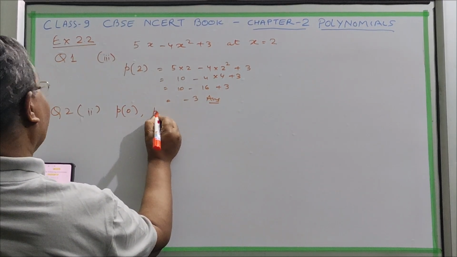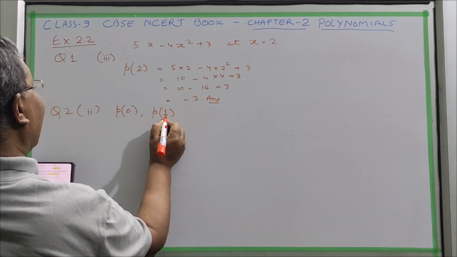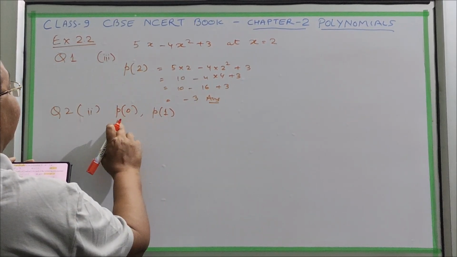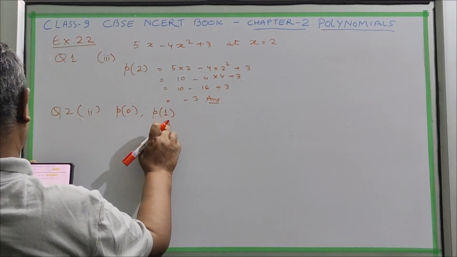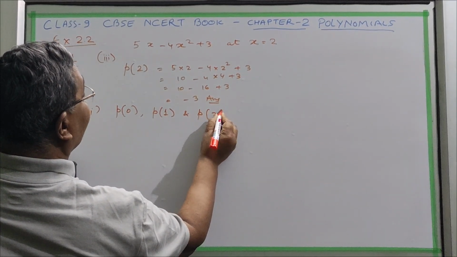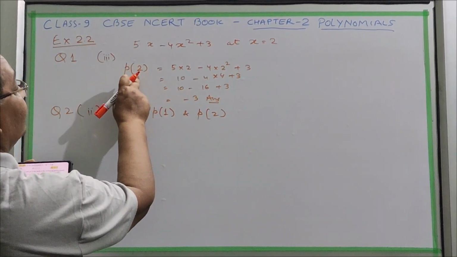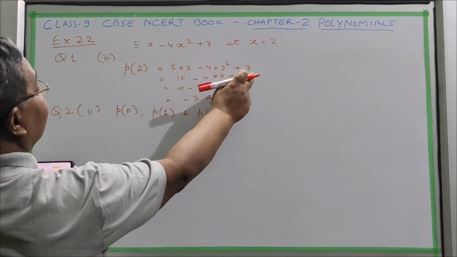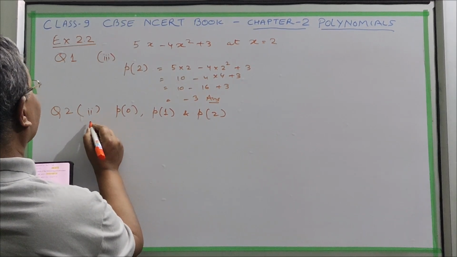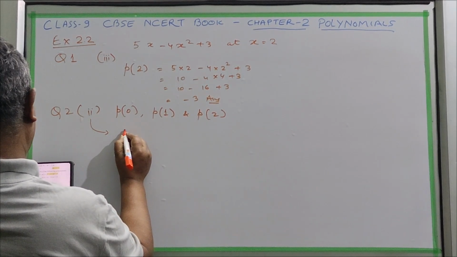And P(1) means x value 1 you have to take. Like here we have taken P(2). They are asking P(0), P(1) and P(2). It means you have to put the value here and then expand. So the second question we are solving.